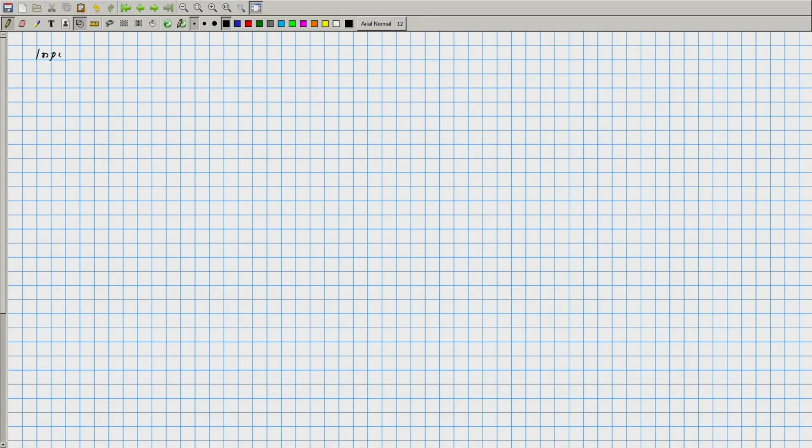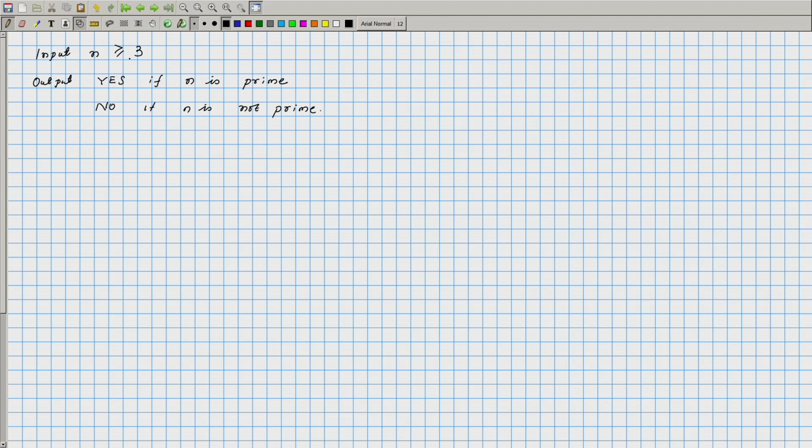The input is a number n and the output should be yes if n is prime, and it should be no if n is not prime, or if it is composite we want to say no, and we will assume that the input is greater than or equal to 3.